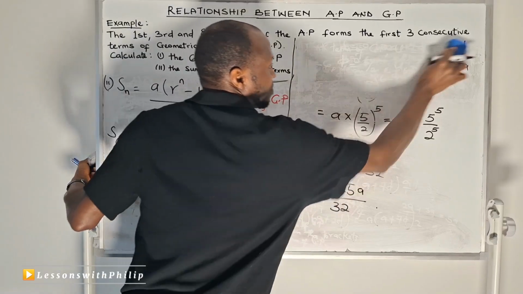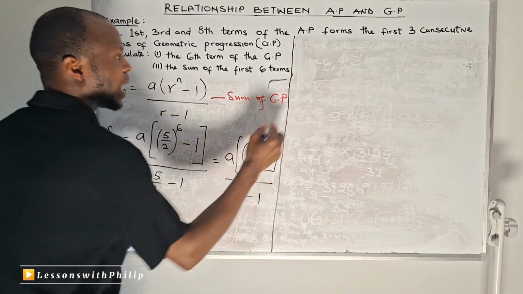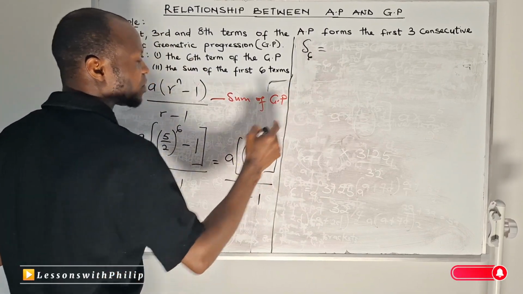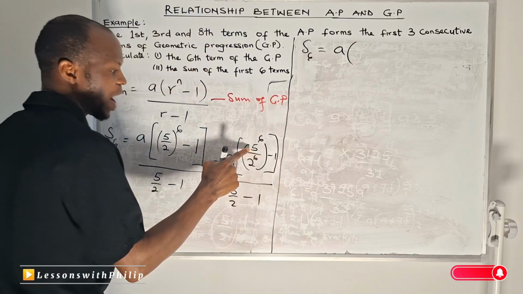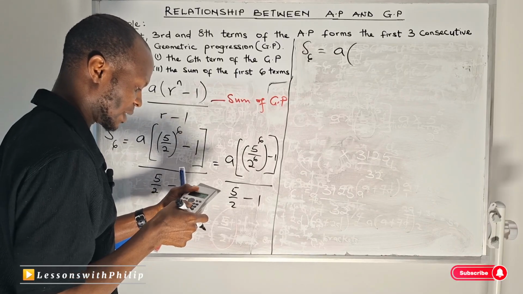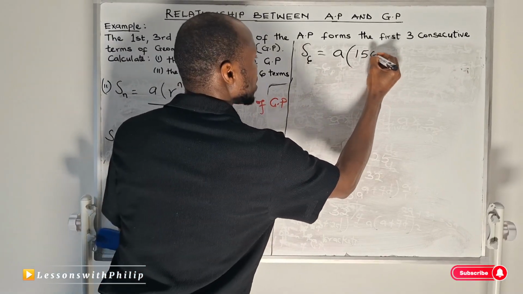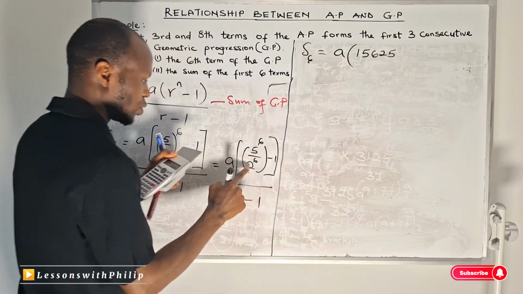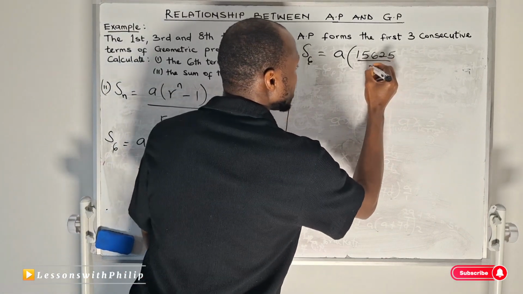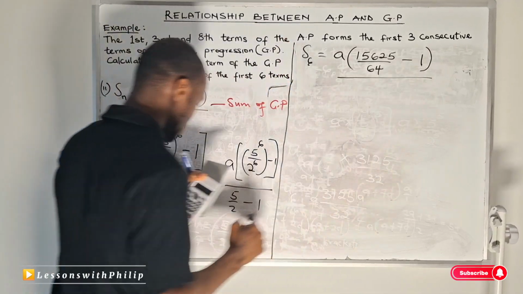Okay. Now, this is the same thing as a, my sum of sixth term will now be equal to a, into bracket 5 raised to power 6. 5 to the power 6 will give me 15625. 2 raised to power 6 is what? 2 to the power 6 will give me 64, so divided by 64, minus 1, all divided by 5 over 2 minus 1.